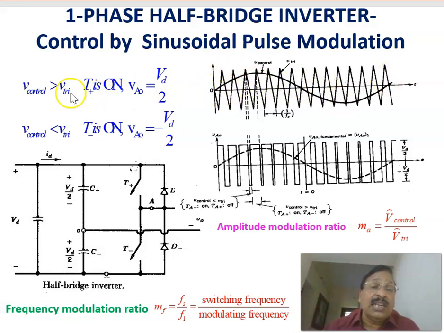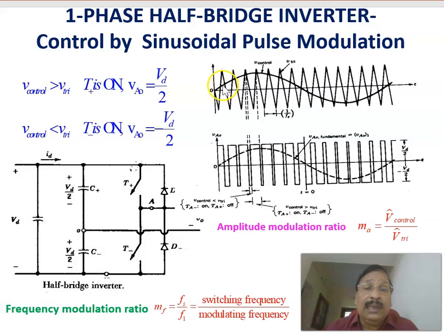As per this control law, if the control voltage is more than the triangular signal VTRI, then T plus is on. During this period, the control voltage is more than VTRI, so T plus is on. Therefore, here the voltage VA0 will become equal to VD by 2.